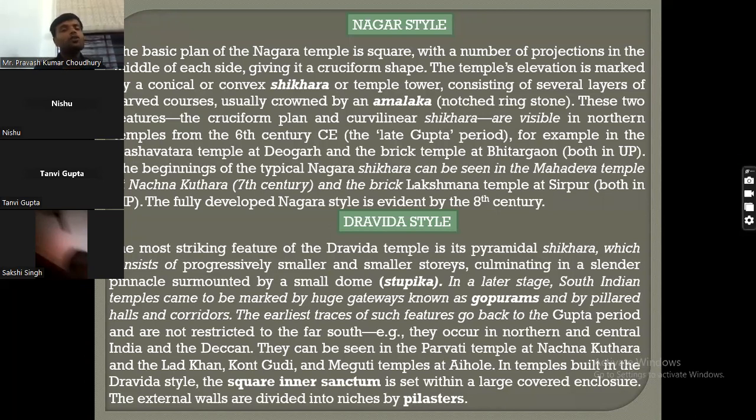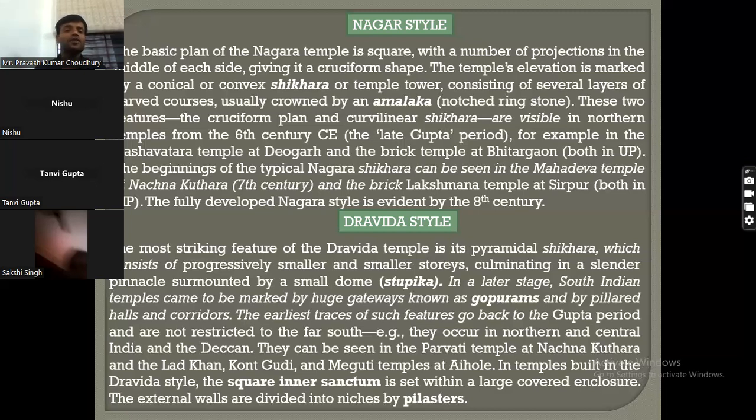So the shape of the Nagar style of temple architecture is cruciform, and the temple elevation is marked by a conical or convex shikhar, which is also called a temple tower, right? So we have a particular kind of shikhar, either conical or convex, found in the Nagar style of temple architecture.